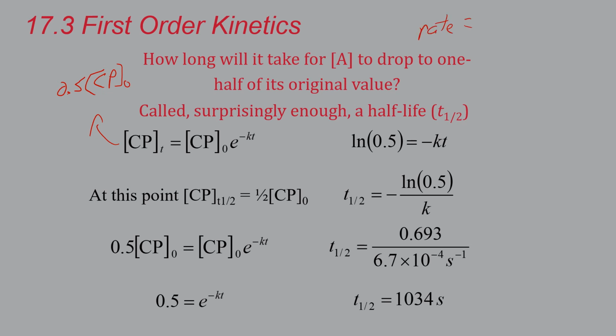Rate is equal to, at any point in time, the rate constant times the instantaneous concentration. And that concentration, though, is always going down. So if the rate is going down, shouldn't it take longer each time because the rate's slowing down as the concentrations go down?